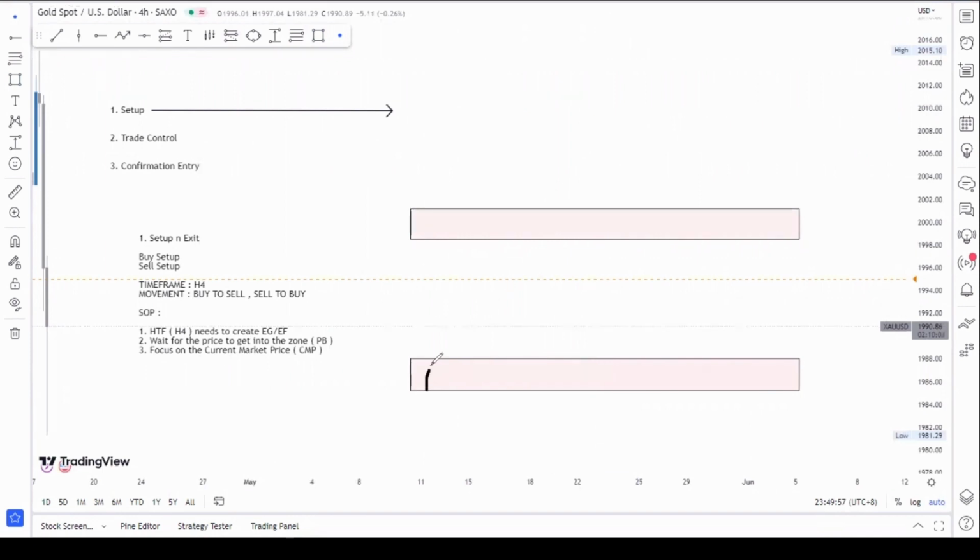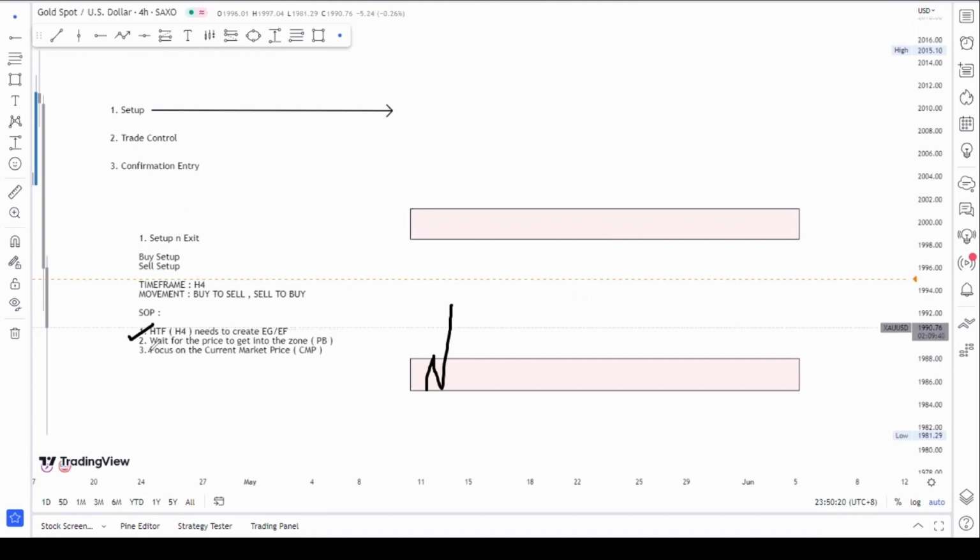The first SOP, higher time frame needs to create an EG or an EF. Right now we are talking about buy setup, so we need the buy engulfing, no matter if it is engulfing buy or engulfing fail buy. The first SOP is done.